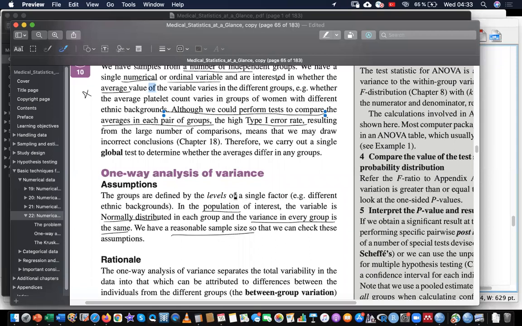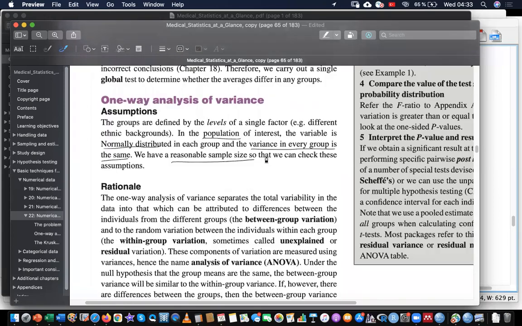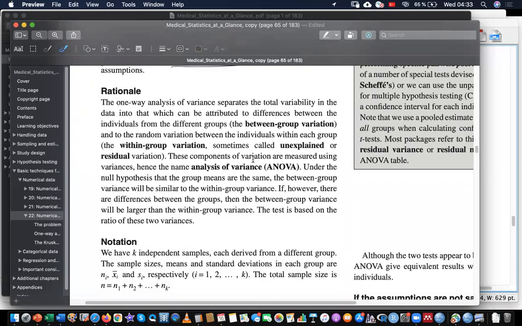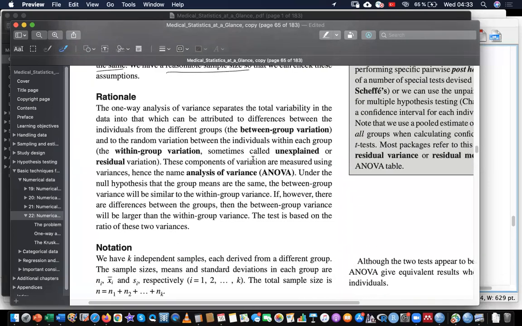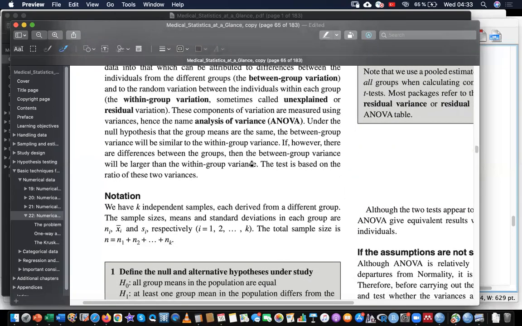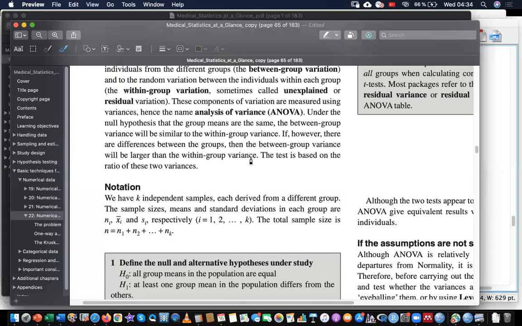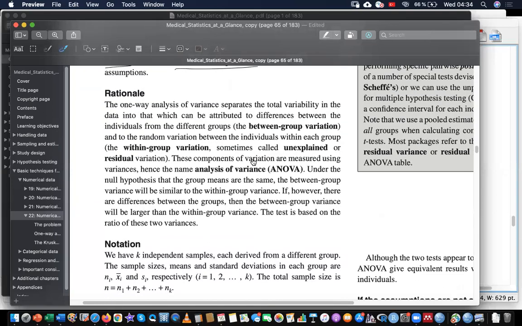The solution is to do a post-hoc analysis. I'm just checking whether it is mentioned here in the book. It is not mentioned in the book, probably. Okay. The solution is to do a post-hoc analysis.